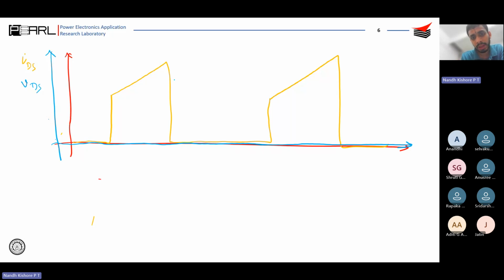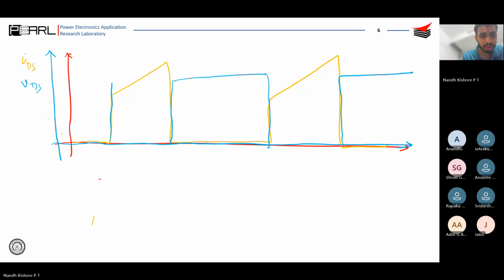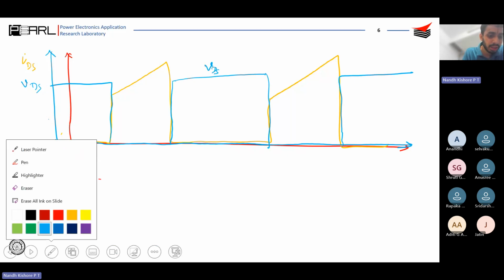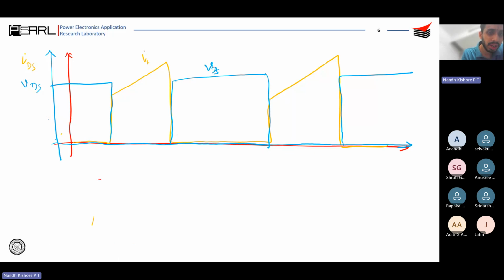So it will be during this interval. So this is your VDS and this is your IDS.